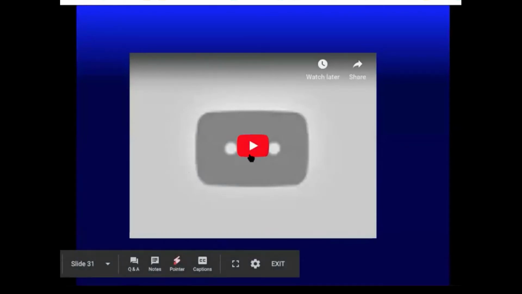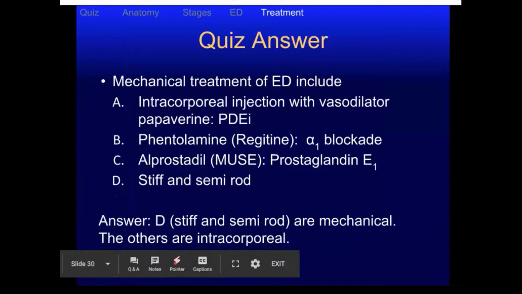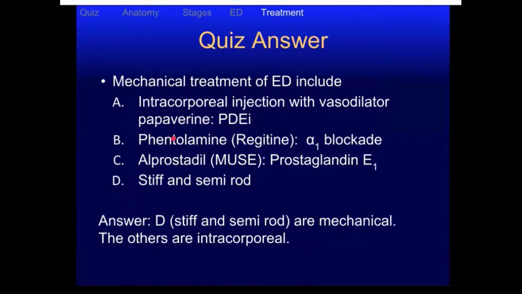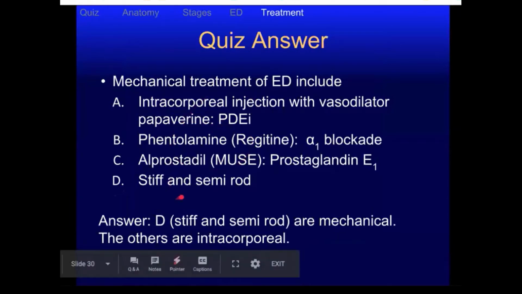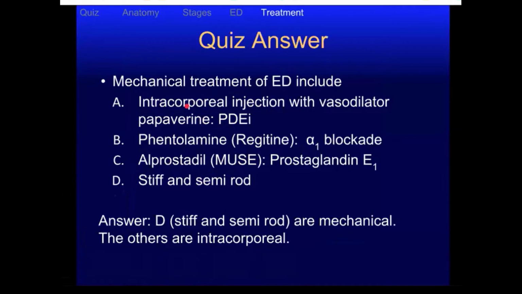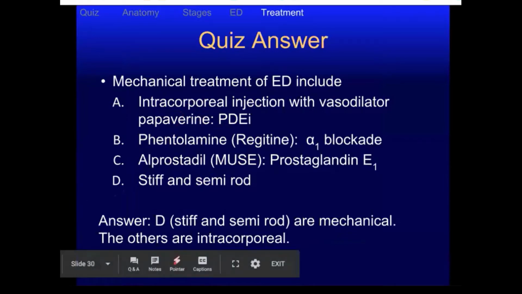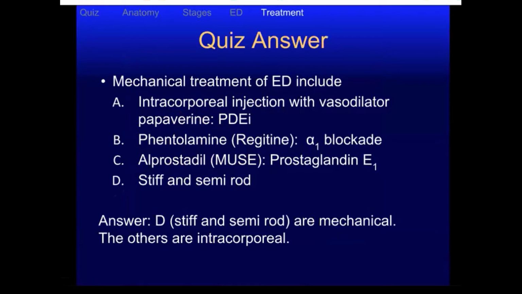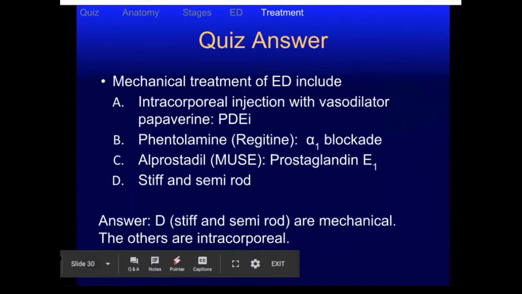This was a video that showed how you inject the intracorporeal medications. Unfortunately it's not working, but you have the medications, and then you use a small caliber syringe, sort of like a TB needle used for skin testing, and inject that directly into the cavernosal bodies.